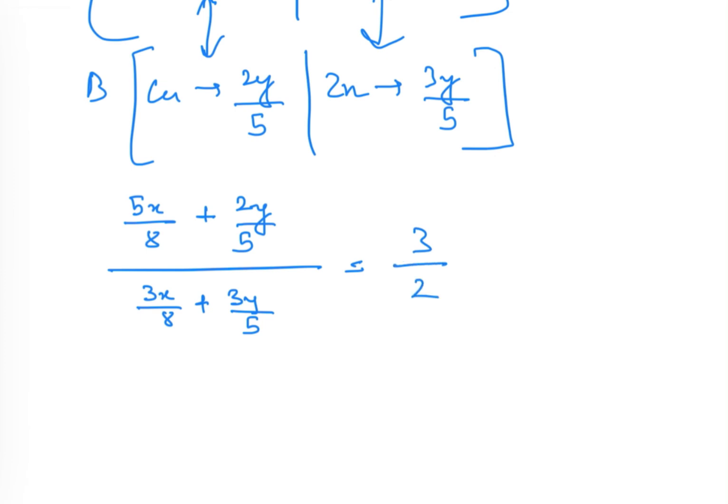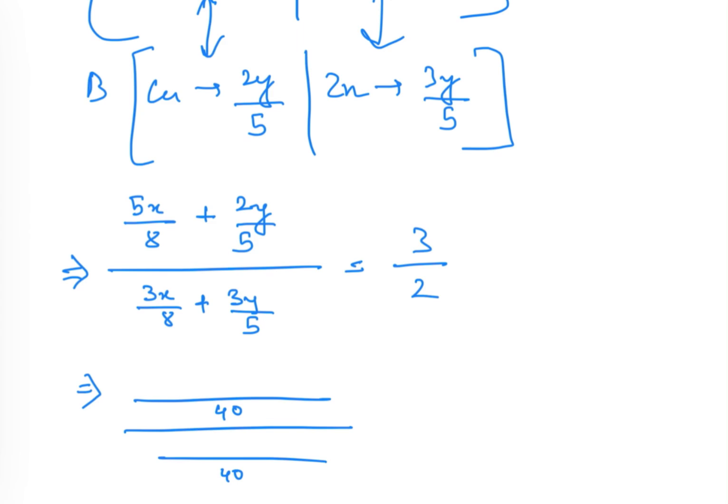Now we can simplify this. Both the LCMs will be 40. In the first case it will be 25x plus 16y. Here it will be 15x plus 24y. It will be 3:2. We can simplify more.